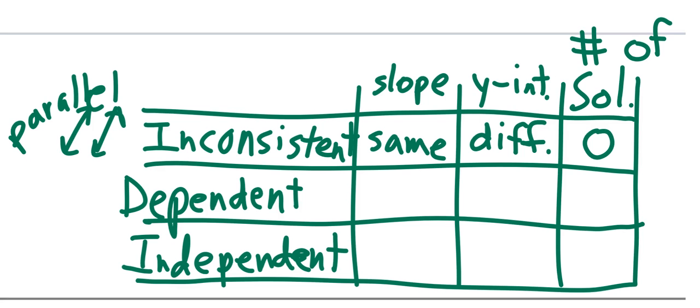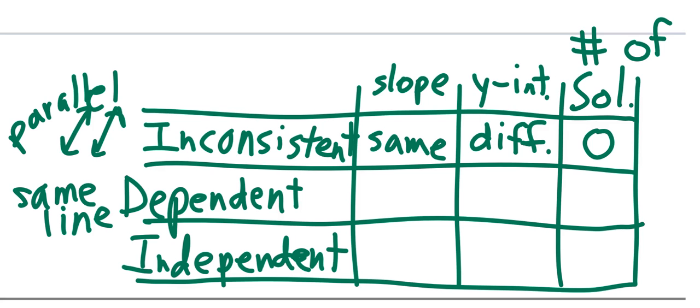Now, dependent lines are the same line. They sit right on top of each other. They are the exact same line.